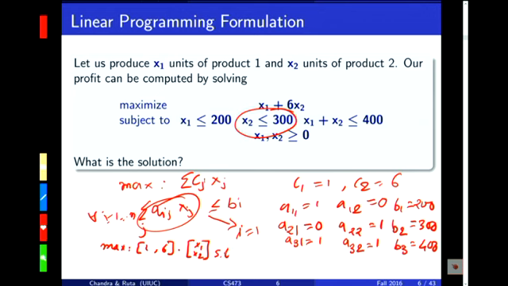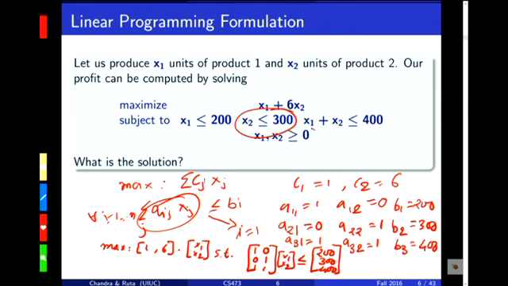Such that, I don't have space here, so I'm writing here, the matrix [1, 0; 0, 1; 1, 1] times (x1, x2) is less than or equals (200, 300, 400).